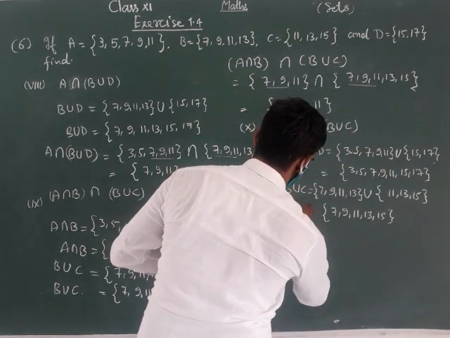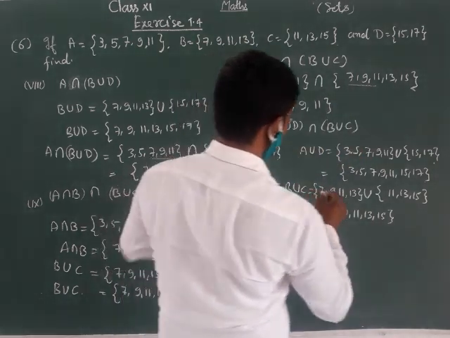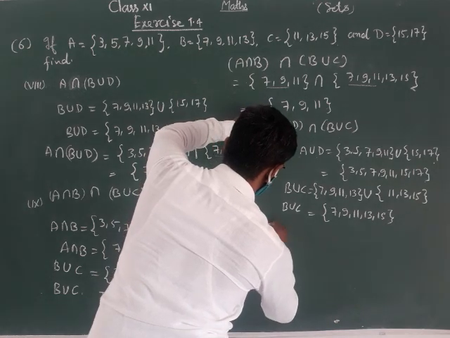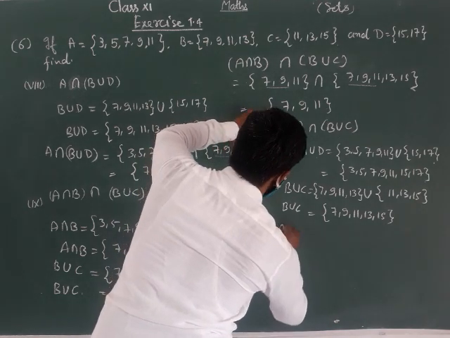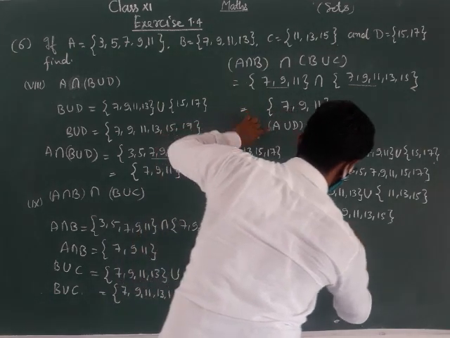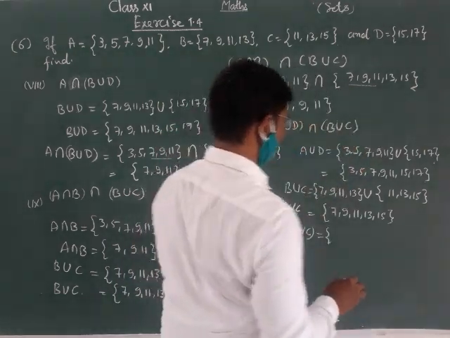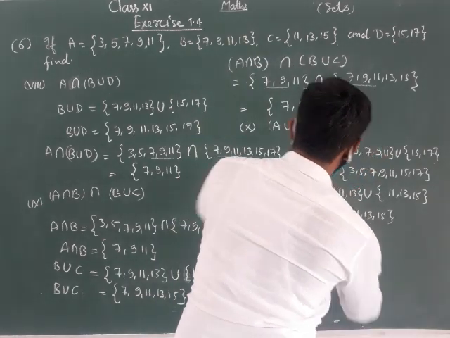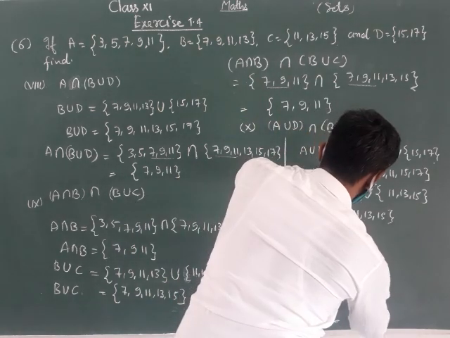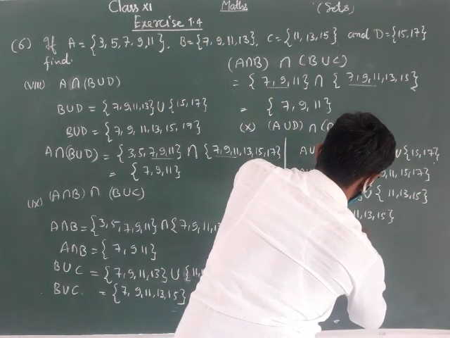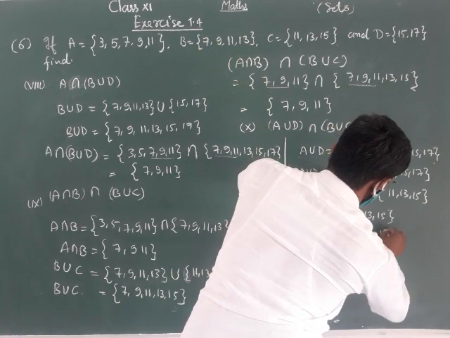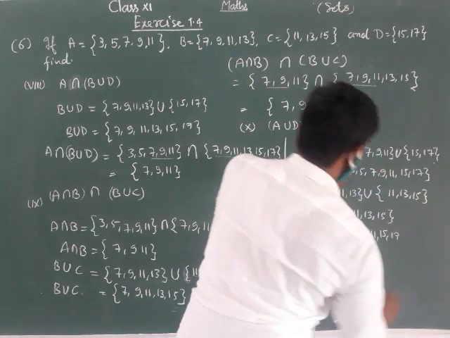So that is B union C. And now A union D intersection B union C. So A union D has the elements 3, 5, 7, 9, 11, 15 and 17.